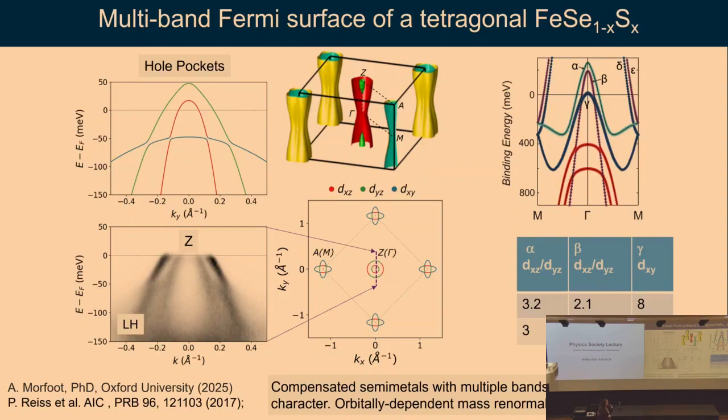We call this orbitally dependent mass renormalization. What it means is that electrons inside the materials are not just correlated, but they also seem to remember the orbital character from which they emerge. That means also for superconductivity, all these aspects need to be taken into account.